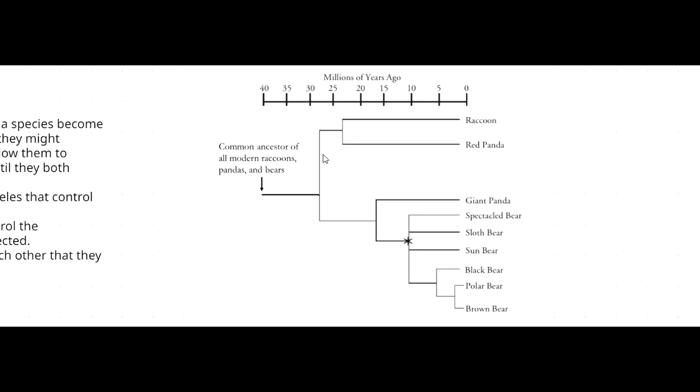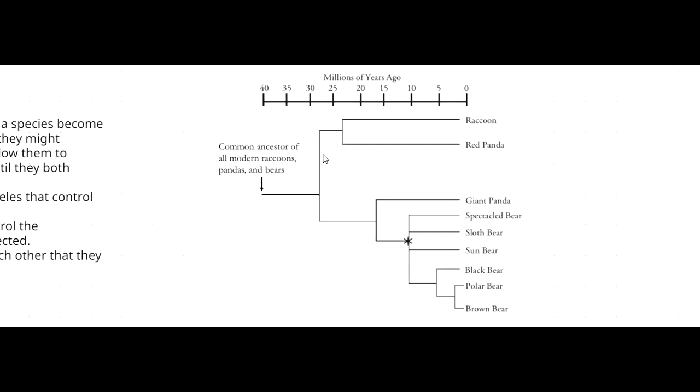Then over here, once again, you can see that the spectacled bear, sloth bear, sun bear, polar bear, and black bear all evolved from the same ancestor. And similarly, you can see the black bear and the polar bear once again evolved from the same ancestor. This is known as an evolutionary tree.